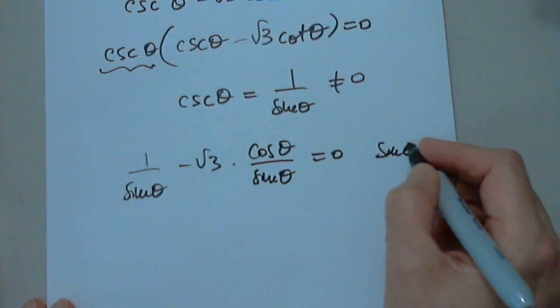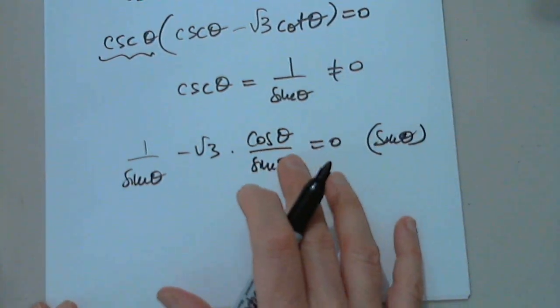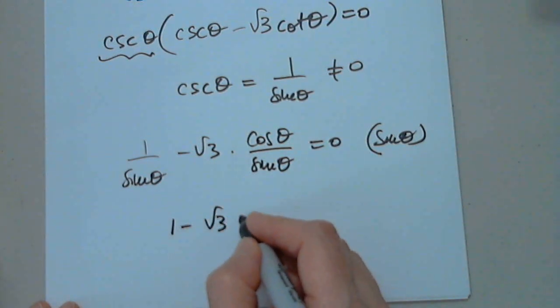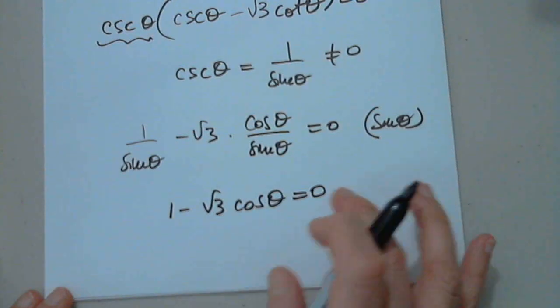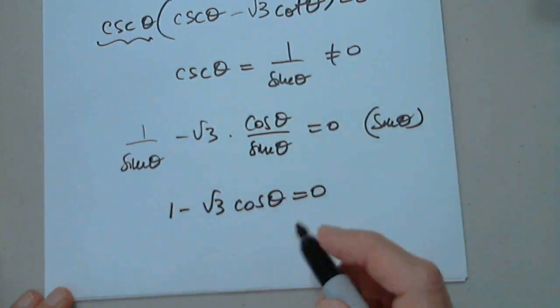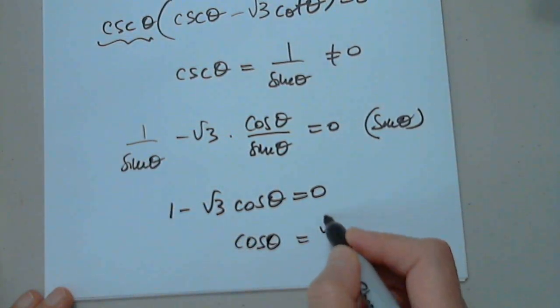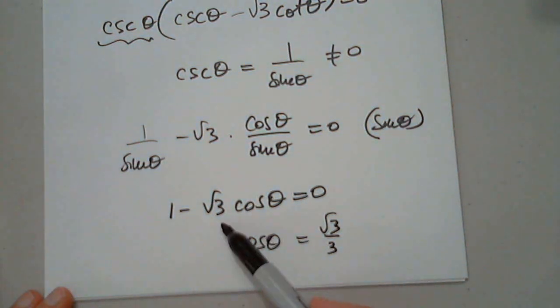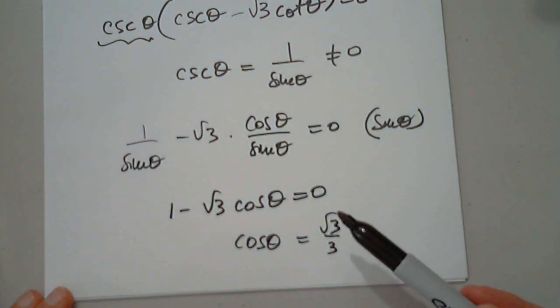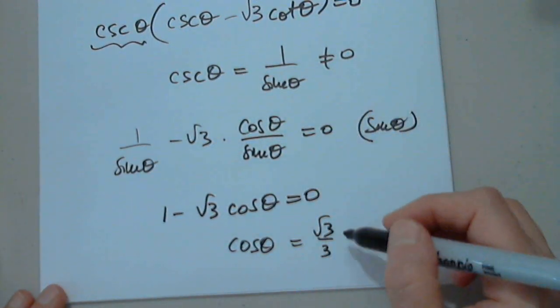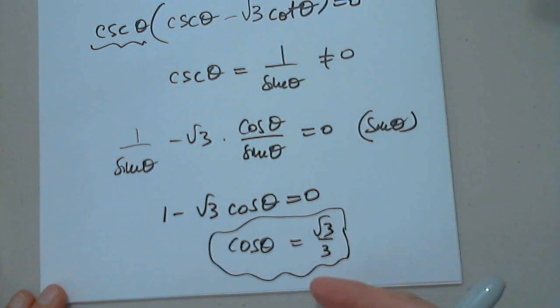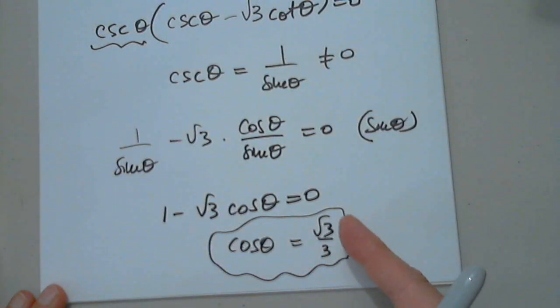Multiply both sides by sine theta. So finally we get 1 minus the square root of 3 cosine theta equals 0. I move this and divide. So I have cosine theta equals the square root of 3 over 3, because it's 1 over the square root of 3 and rationalized. And if you remember, I always tell my students there is no need to over 3.